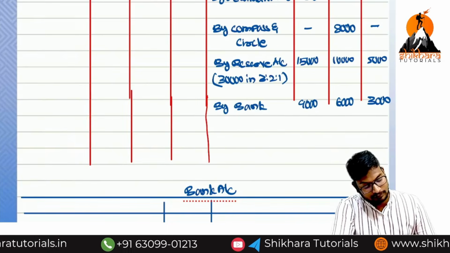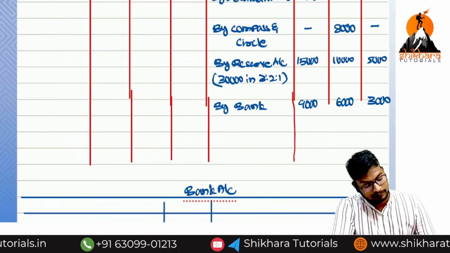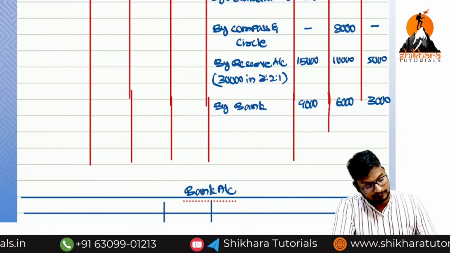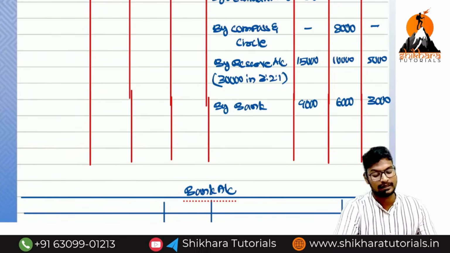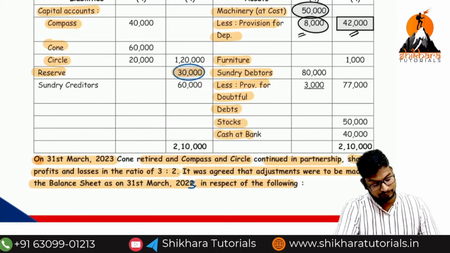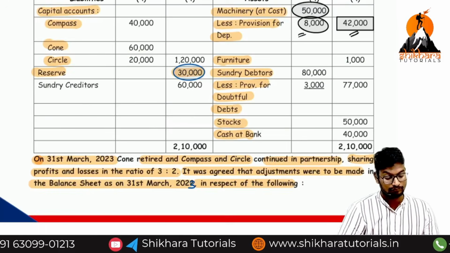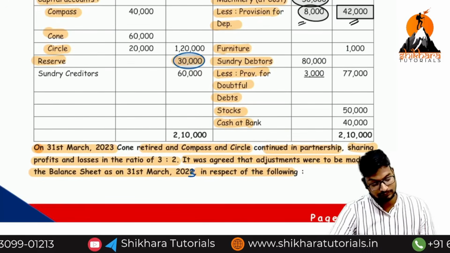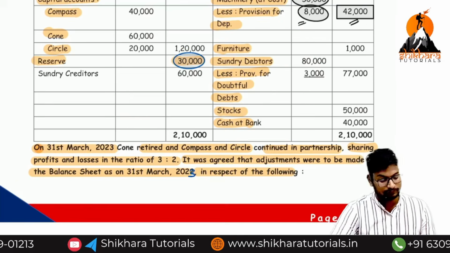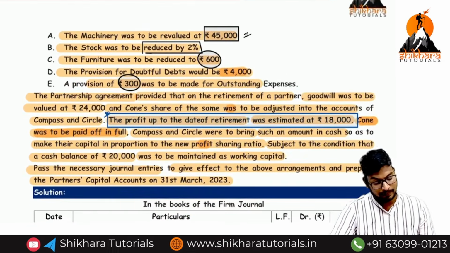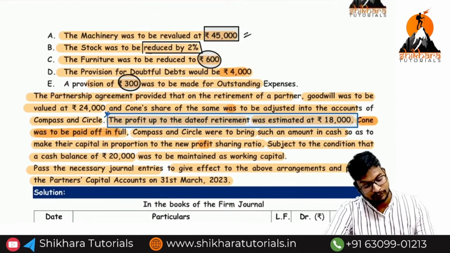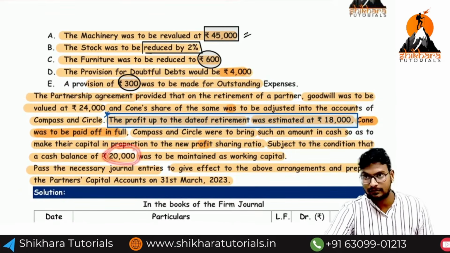They have also told us the closing balance of bank. How much amount do we need to show as the closing balance of bank? 20,000 is the closing balance of bank.